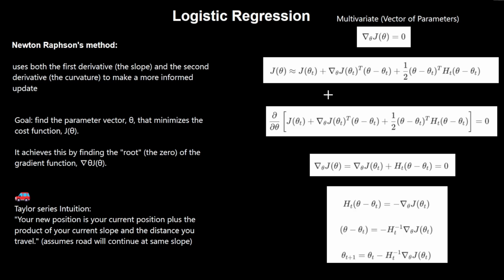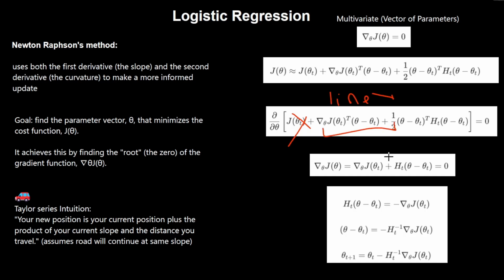If we partially differentiate this with respect to theta, this term is constant as we saw, so it will go away. If we partially differentiate, we'll get this one. This will go away. And if you see the next term here, we have the partial derivative of the cost function at the current parameter, transposed and multiplied by the variable term.